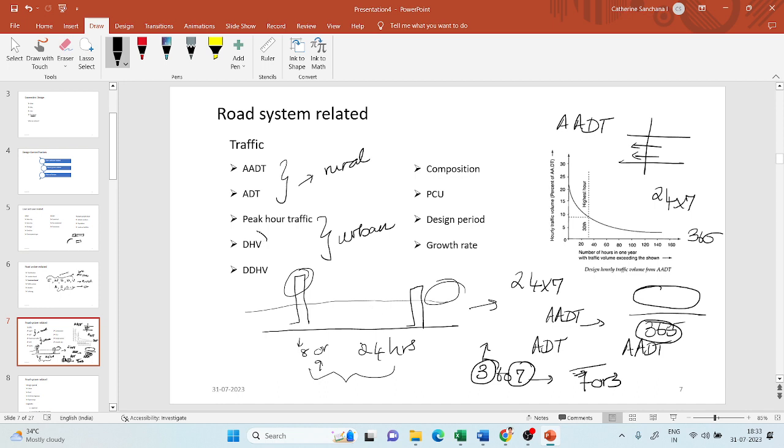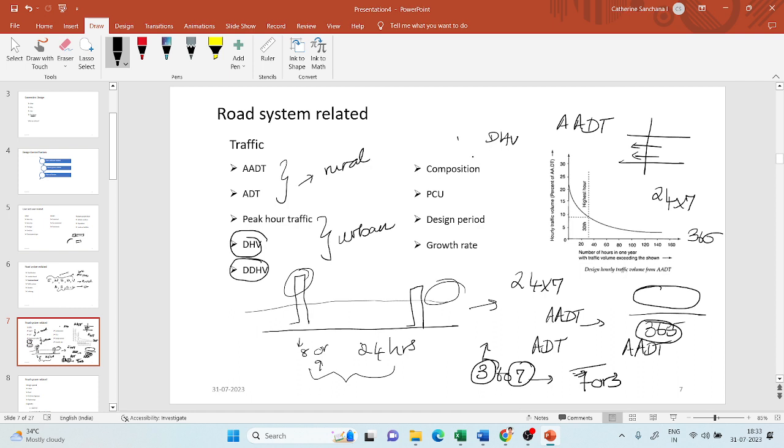So this is daily hourly volume, and this is directional daily hourly volume. There's a difference between those two. What daily hourly volume is, is per day per hour. So for each hour, you find out the volume of traffic. That is the daily hourly volume. Now, what is directional daily hourly volume?